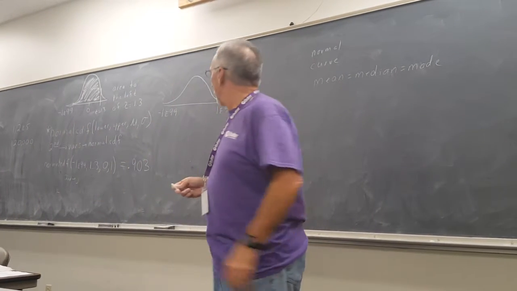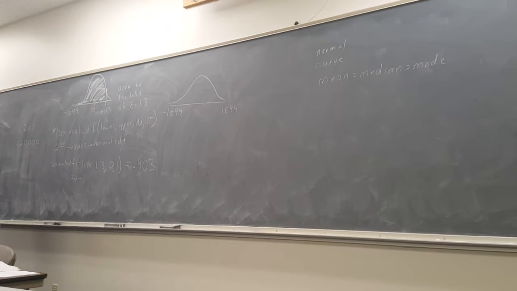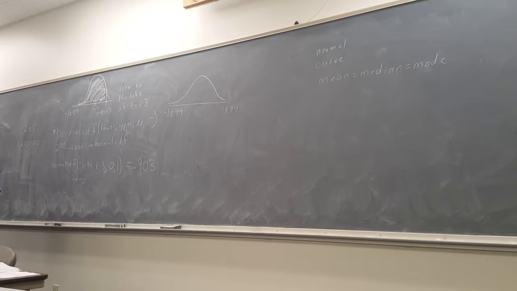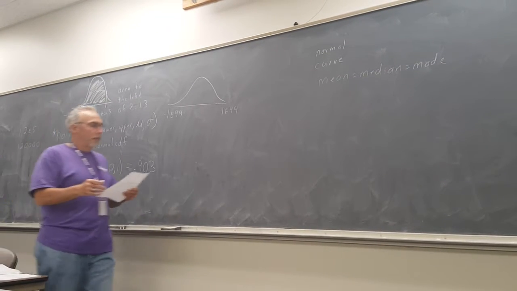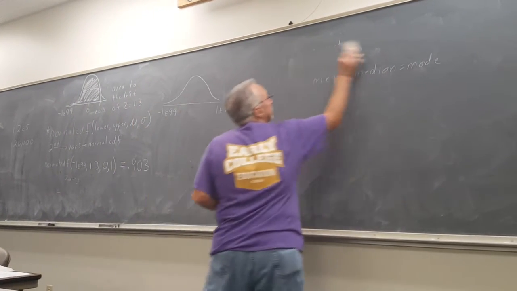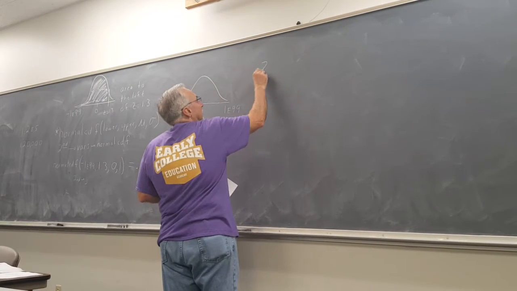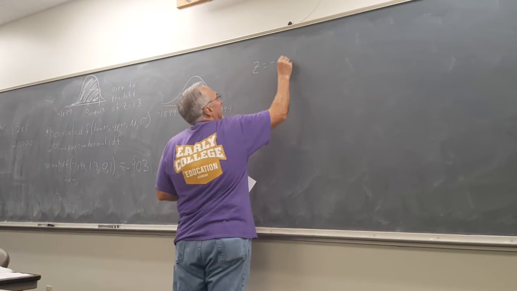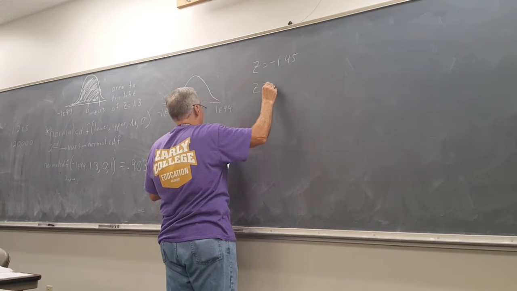Okay, look at the examples, she has some examples on here. Look at the next page, it says find the area between z equals 1.45 and z equals 0.42.